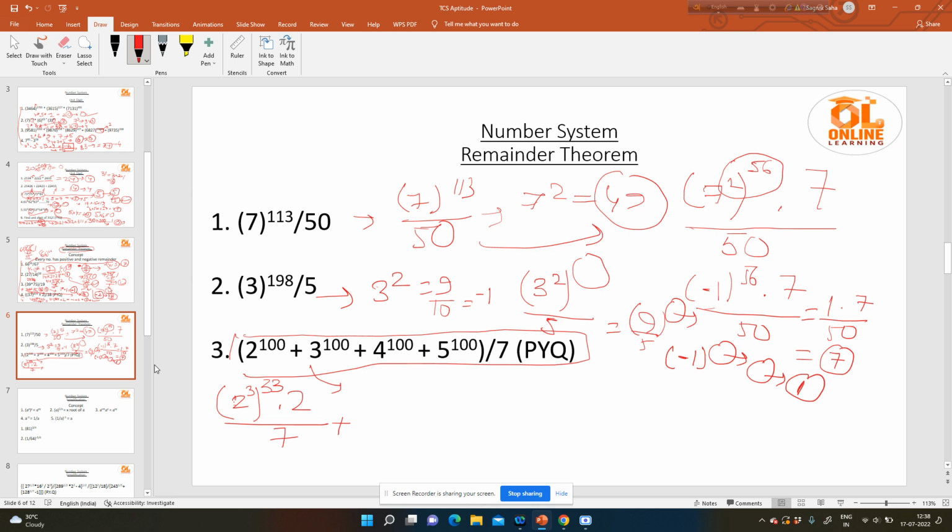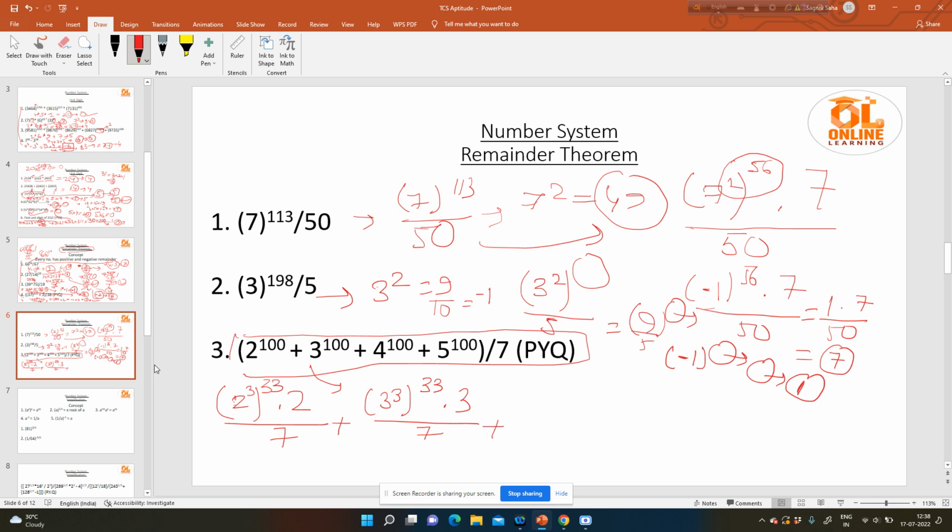We don't want it. Then 3 cube is 27, right? So 7 fours are 28. So if we divide by 7, we will be having remainder as minus 1, so we can use it. So again, (3 cube) to the power 33 into 3 by 7, plus, now think of 4.